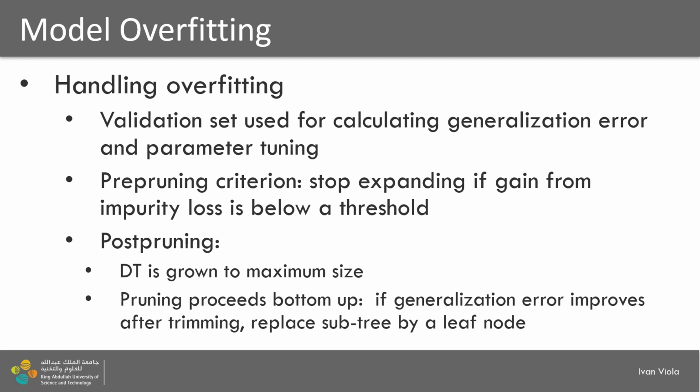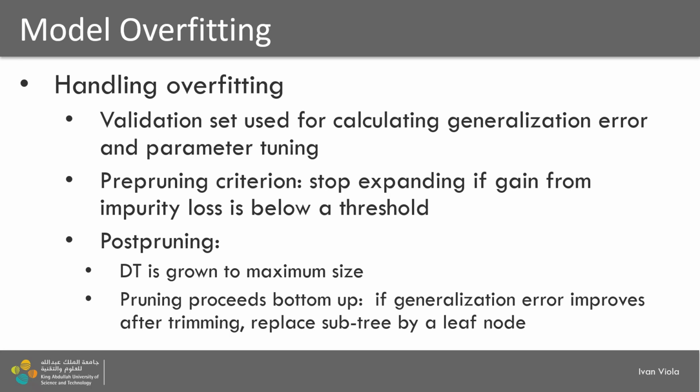Another strategy for handling overfitting: once the validation error becomes high, training is stopped at an early stage, before the model starts to align to the noise. And then the next method which can be used against overfitting is pre-pruning.